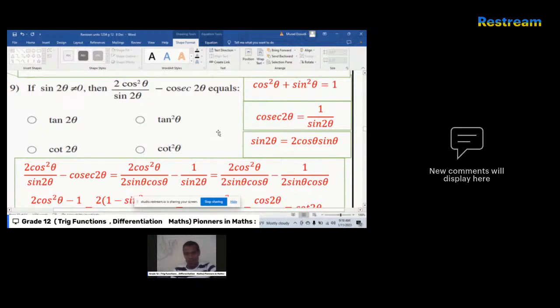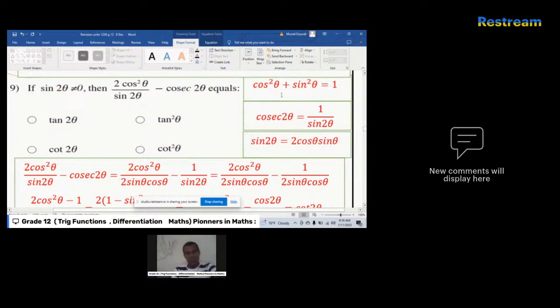First of all, remember that cosine square plus sine square is always equal to 1. And remember that cosec θ and sine θ are called reciprocal trigonometric functions, which means when you multiply sine θ by cosec θ, you get 1. And the double angle for sine is sine 2θ equals 2 sine θ cosine θ.